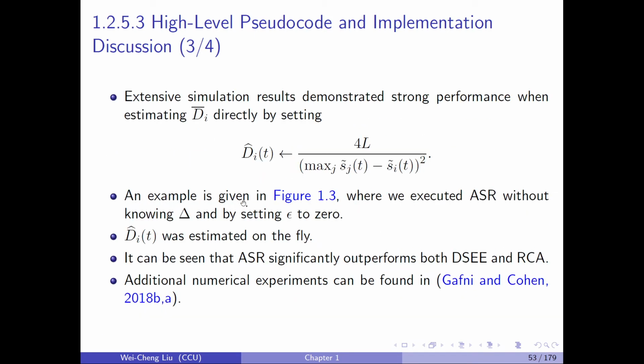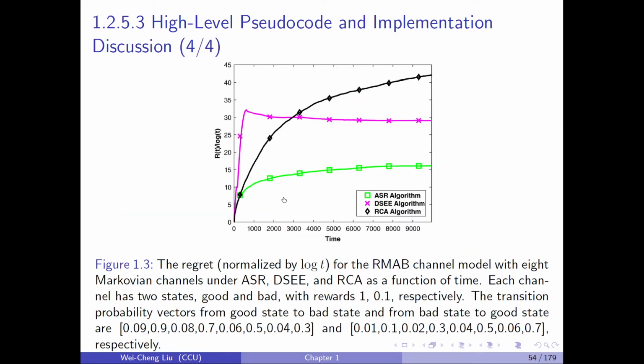An example is given in figure 1.3, where we executed ASR without knowing delta and by setting epsilon to 0. Let us see figure 1.3. In this figure we can see that the x-axis is time from 0 to 10,000, and the y-axis is capital R of t over log of t, from 0 to 45.